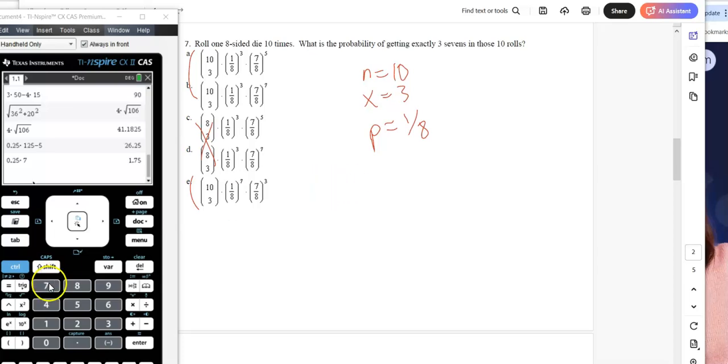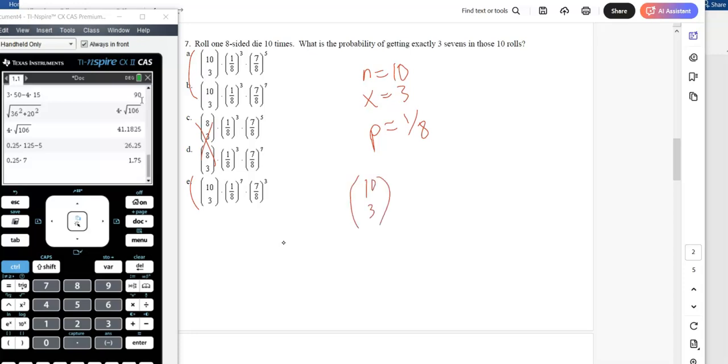Oh man, what's the theorem for that? Okay, so the formula is we already have the 10 and 3. That means nCr, or 10 choose 3, times 1 minus p, so 7/8, to the k, which is like x, times 1/8 to the 10 minus 3, or 7 power.